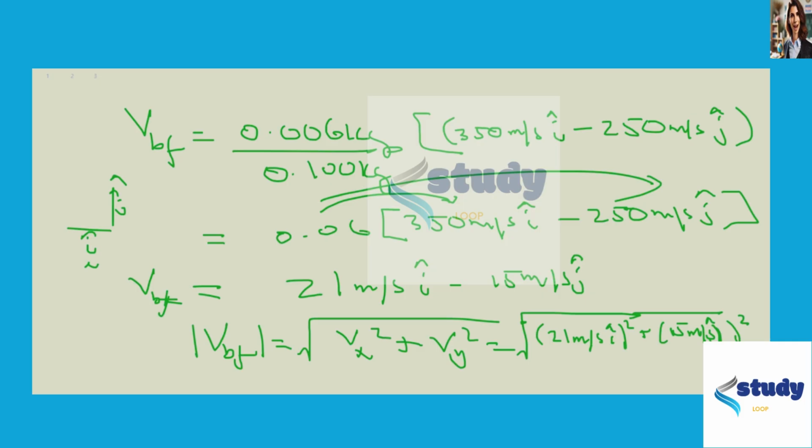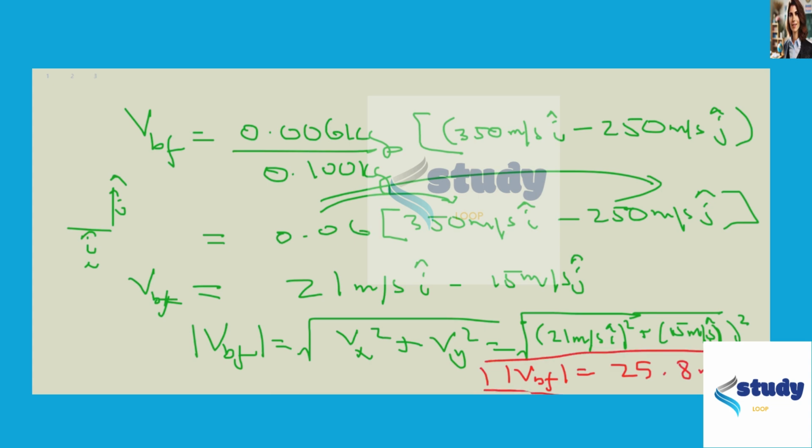Okay, so those are the numbers we have, and then we end up getting a magnitude of the final velocity equal to 25.8 meters per second. That's just the magnitude.